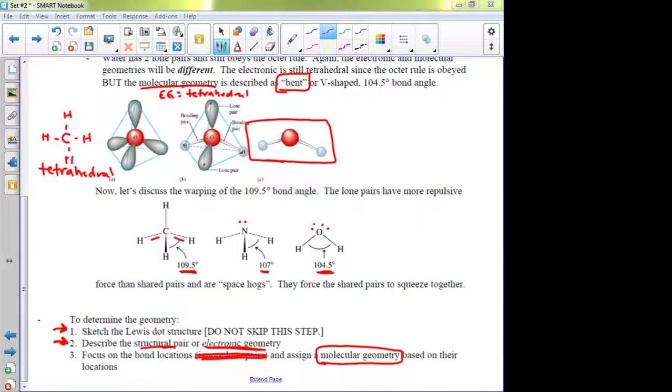So that's how we sketch them to show what they look like in 3D. Dark lines mean they're coming straight out, dash lines mean they're going backwards, and then we just use a single line to show it's just sitting straight up on top of the cardboard. Everybody got that? No, you don't have to make it right now. We're about to start.